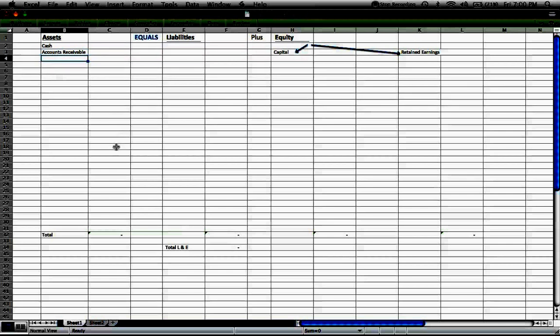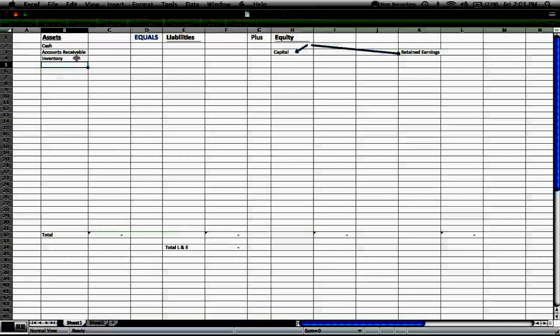The third type I'd like to mention is inventory. Inventory are goods that are sold by a company that sells goods to its customers. A good example of that is if you go to Best Buy and you look around at the iPods, at the laptops, those are its inventory.